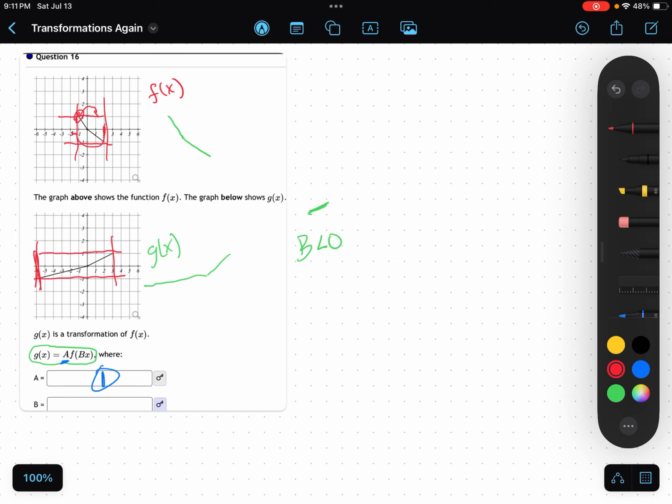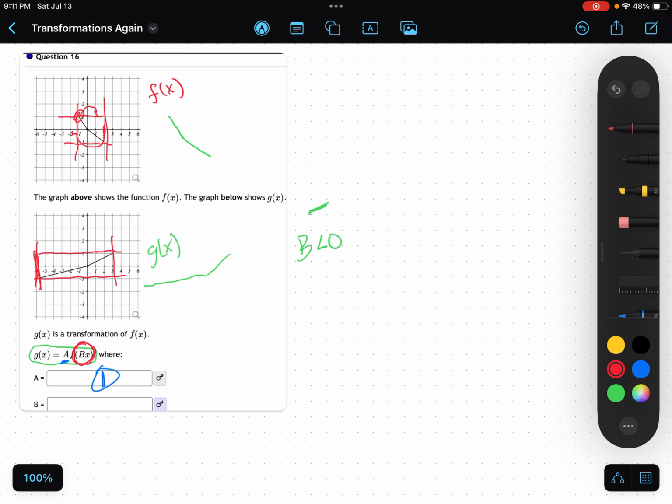One thing you need to remember, though, is when you're messing around on the inside of the parentheses, when you're composing something into this function, it's the opposite of what you think it is. So when we have translations, if we put x plus 5 in the parentheses, it actually shifts it to the left 5 instead of the right. If you put x minus 2, it shifts it to the right 2 instead of the left.